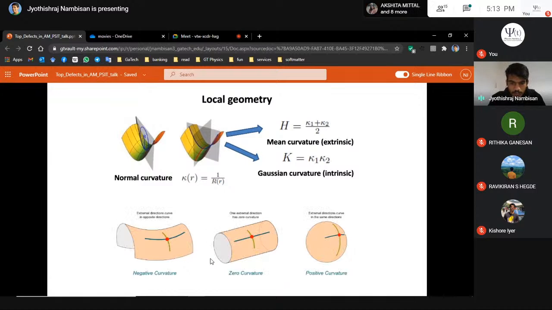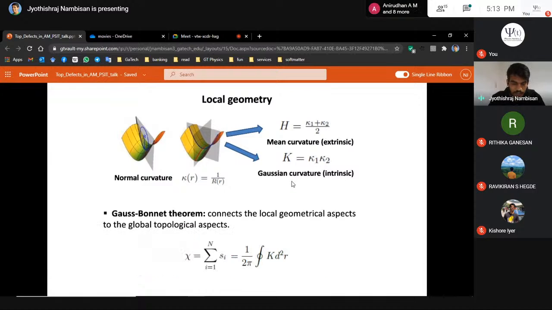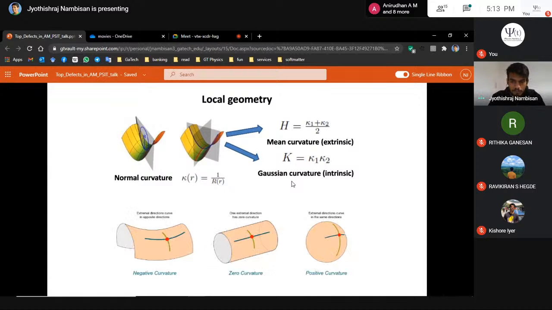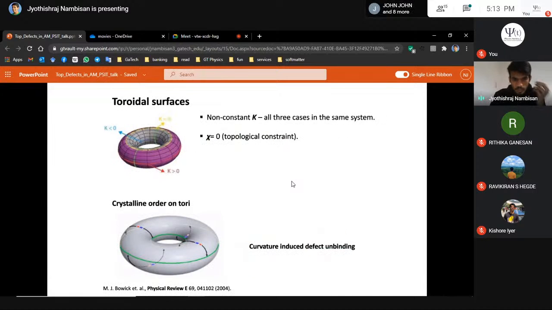So that is how, locally at each point, if you know the Gaussian curvature, you know what the local constraint on our system is. Some exciting surfaces or systems to study the effect of local geometry is a torus. Toroidal surfaces are extremely beautiful because in one single system, you have all three curvatures possible.